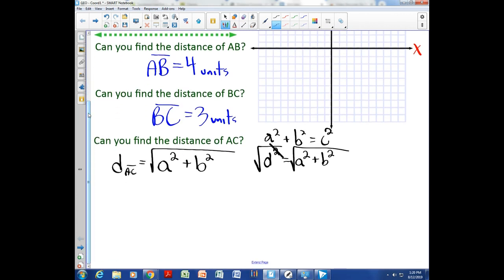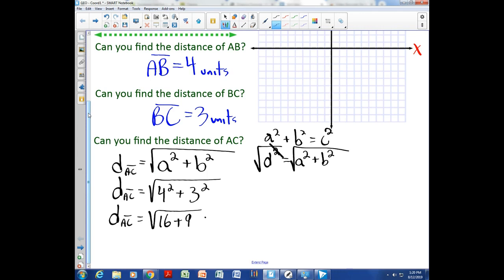So I'm going to come back down here and say the distance of AC is equal to the square root of 4 squared plus 3 squared. The distance of AC is equal to the square root of 16 plus 9, which is equal to the square root of 25. And the square root of 25 is equal to 5.